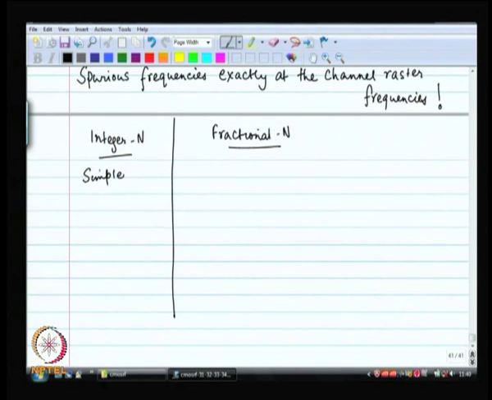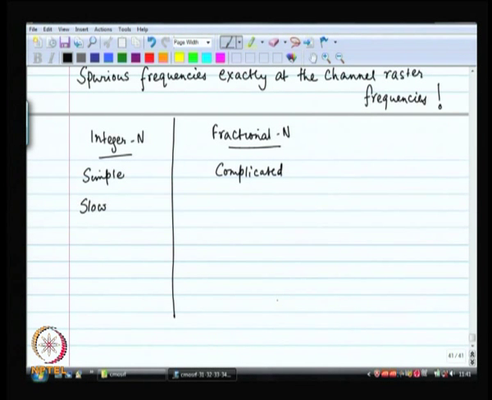Let us do a head on comparison of the two techniques that we have learnt so far. Integer n simple, fractional n complicated. It is more difficult to understand what is going on. Next, integer n slow, it is very slow.